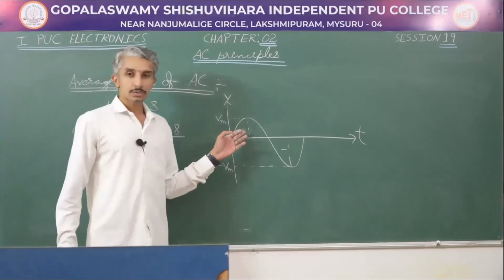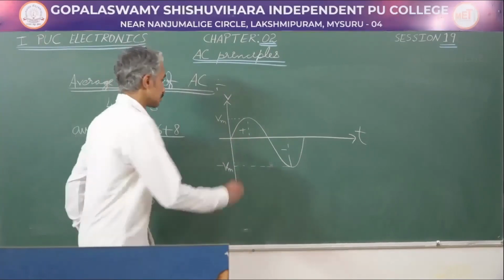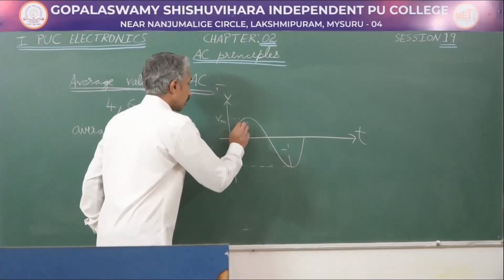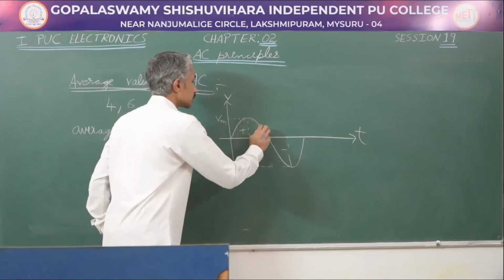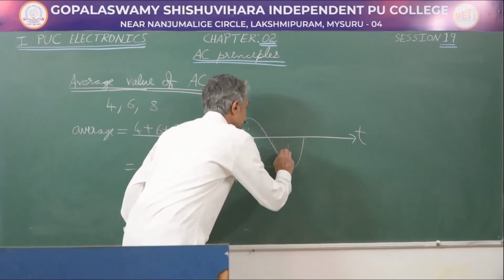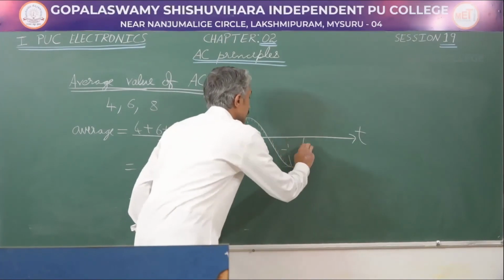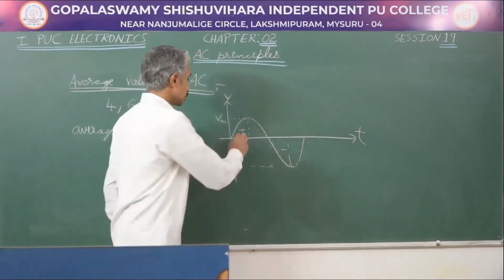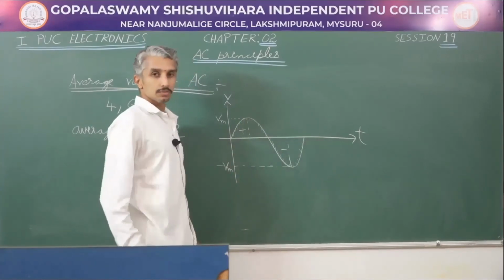What about an AC voltage or AC current? You would have to add all the values of voltage in the positive cycle and all the values of voltage in the negative cycle, and divide by the number of values.